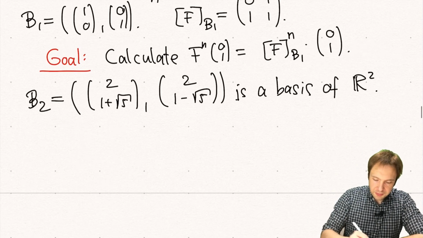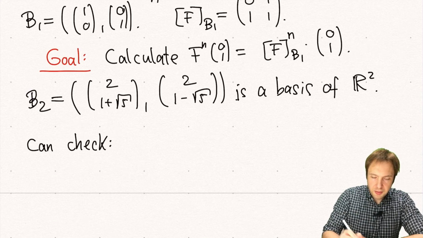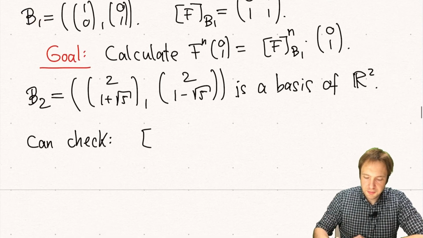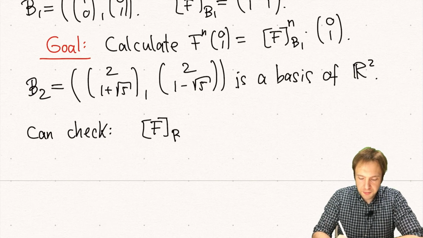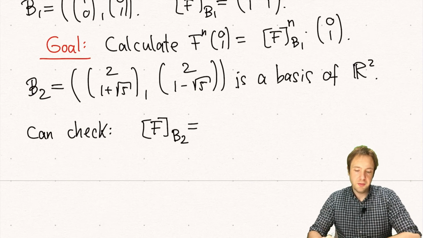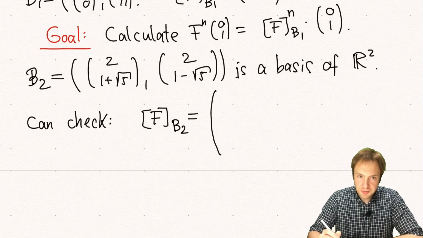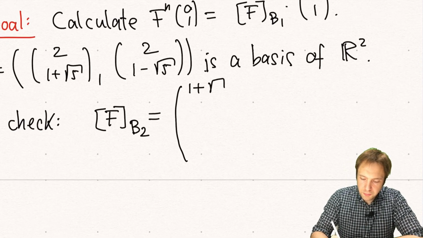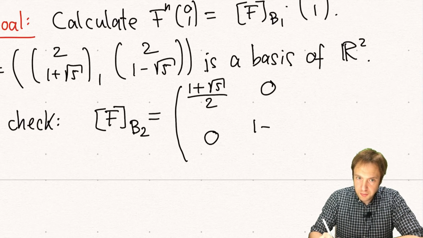And then you can check that if we write the matrix of our linear map F with respect to this basis, so for this you need some calculation, but then you will see that this has actually this form: 1 plus square root of 5 over 2, 0, 0, 1 minus square root of 5 over 2.